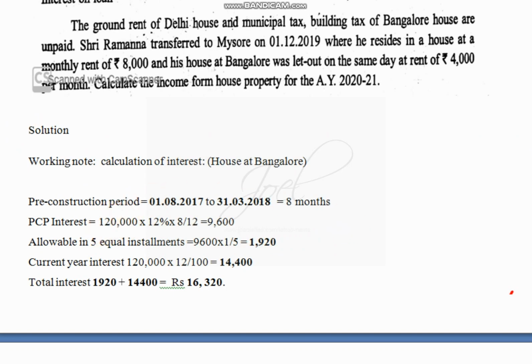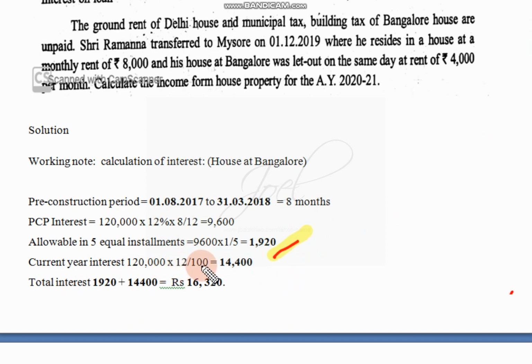This is the amount of loan borrowed into 12% into 8 divided by 12, so 9,600. That will be the amount which is allowable. It can be divided into 5 equal installments. We can deduct over 5 years, 5 equal installments. So when you divide, you will get 1,920.